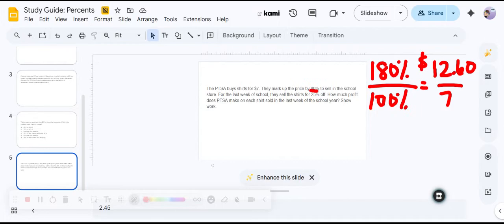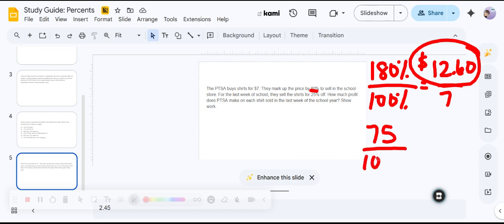For the last week of school, they sell the shirts for 25% off. So I could either find 25% of the shirt cost and subtract it away, or I could ask myself, if we start at 100% and lose 25%, what's left? Well, 100 minus 25% is 75%.